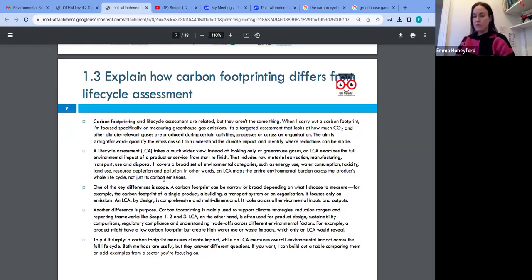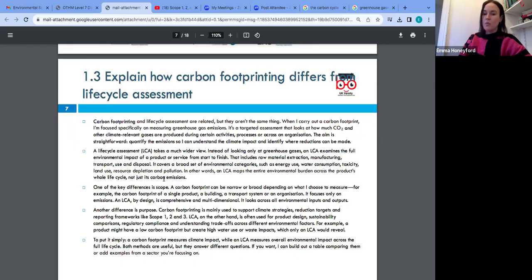So it's all with the aim to quantify the emissions so that we can understand the climate impact, and then we can start to identify where we can potentially make reductions. So life cycle assessment takes a much wider view. So this not only looks at greenhouse gases, but an LCA will examine the full environmental impact of a product or service from start to finish, from cradle to grave, they call it.